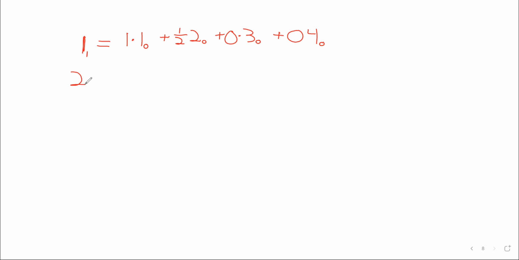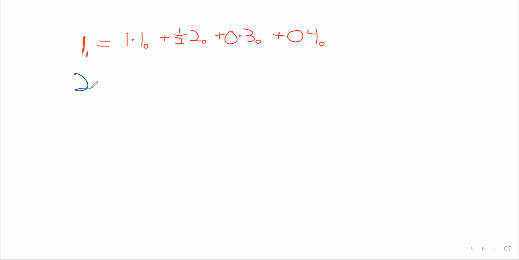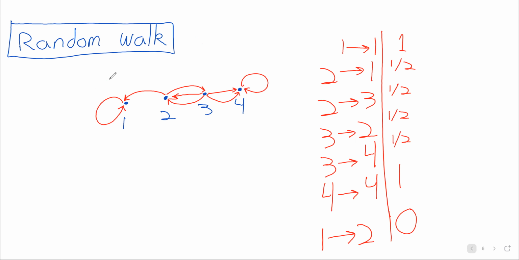What's the probability that we end up, let's keep these rows distinct, what is the probability that we end up in state 2 after one transition? Well, it's really only one way to get into state 2.